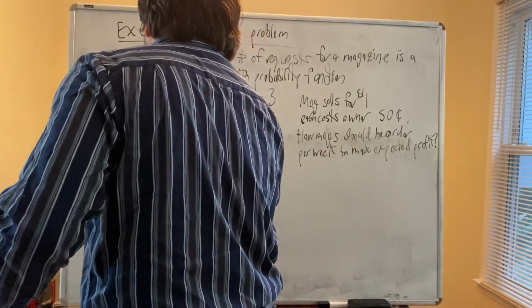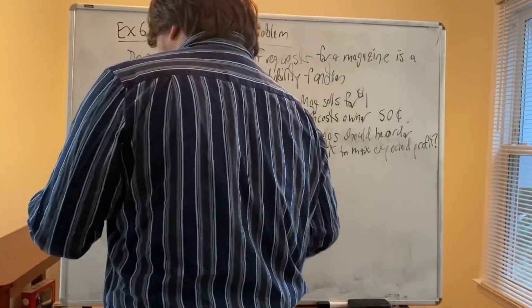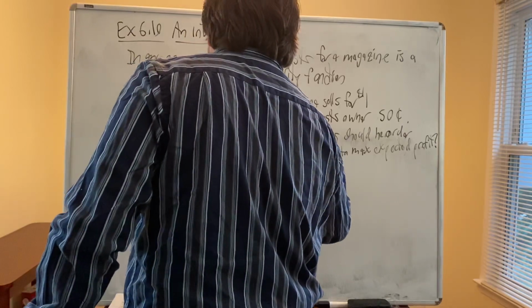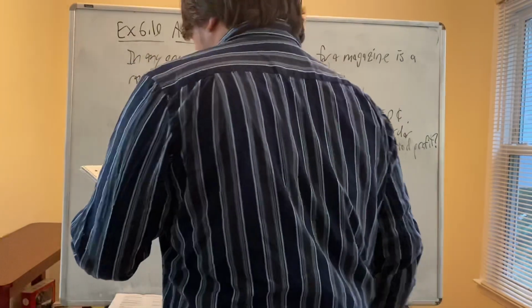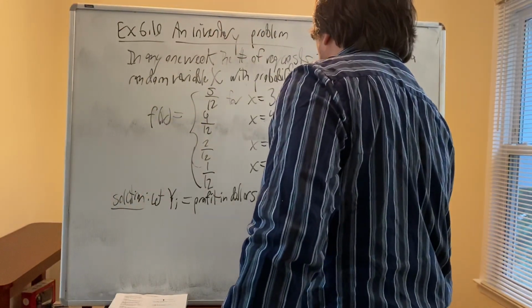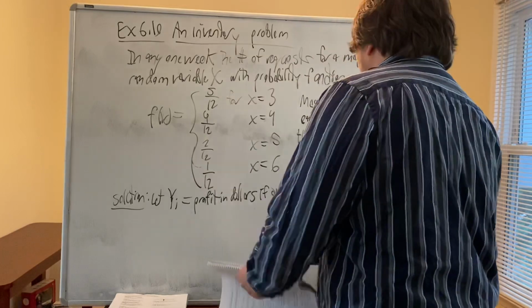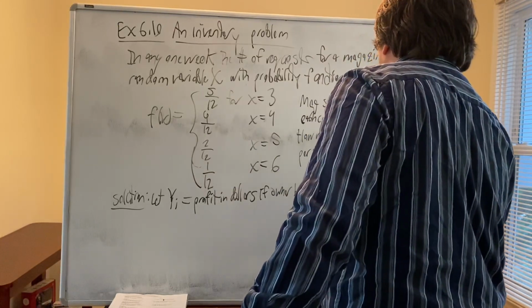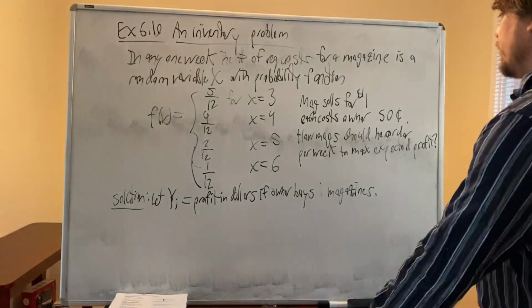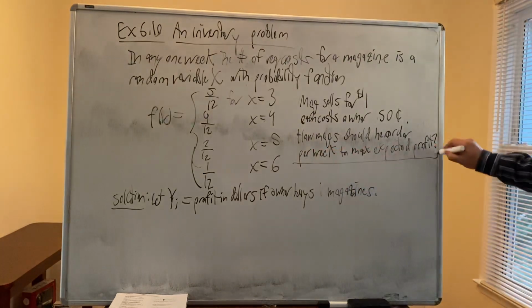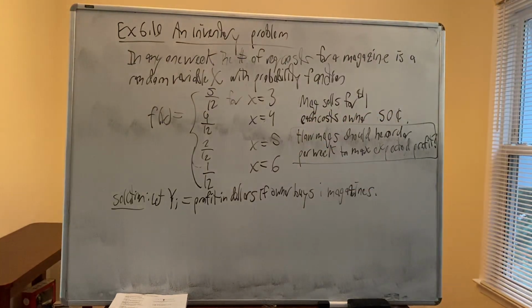So we're going to let y sub I equal the profit in dollars if the owner buys I magazines. Okay, so the question is, how many magazines should he order per week to maximize expected profit?